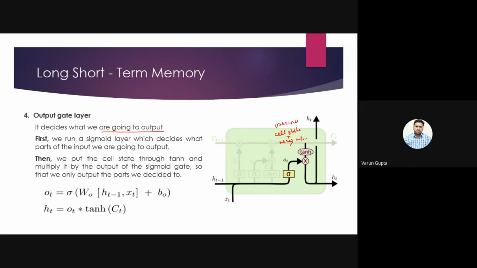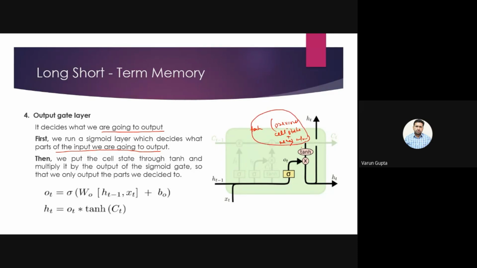The combination of that comes here, and you decide what parts of it we are going to output and how much to take directly into account. This will be taken from here and multiplied by some nonlinear function. Here we are applying the tanh, hyperbolic tangent function, to the whole thing.